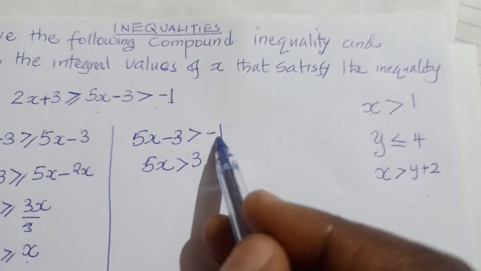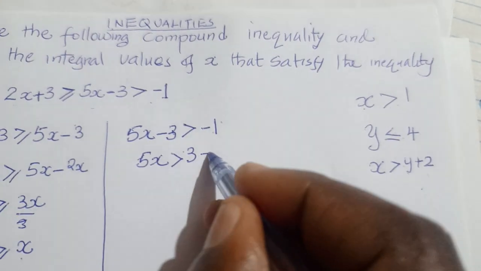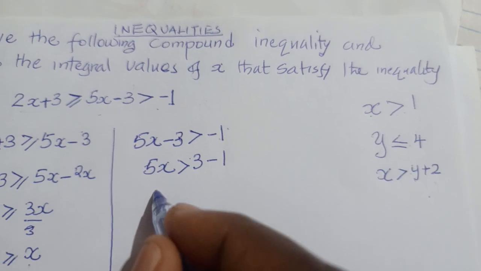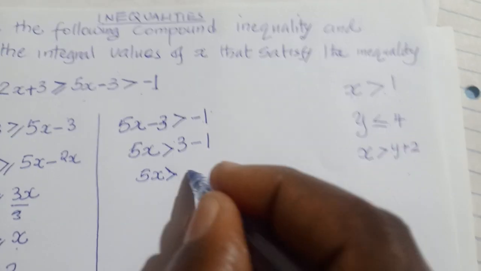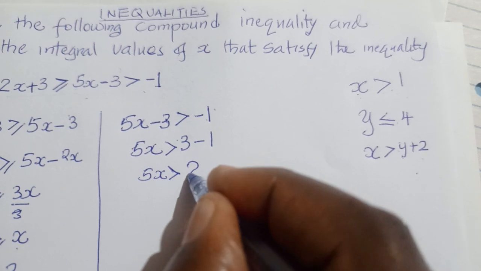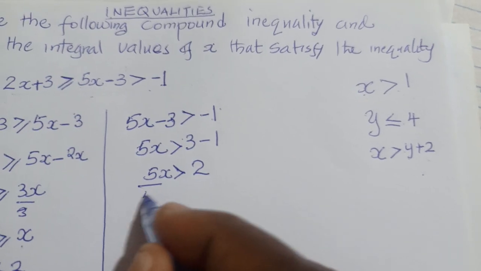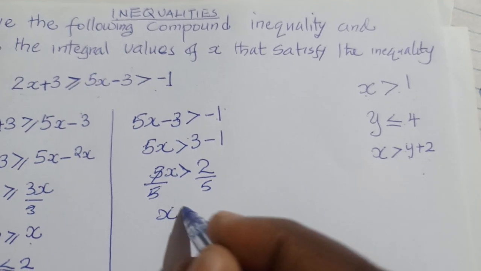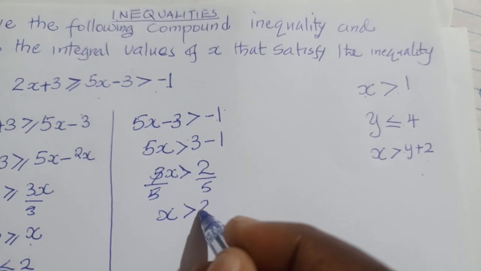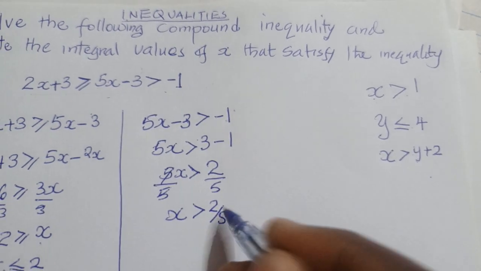It's negative. When it crosses, it becomes positive. So 3 minus 1. So we have 5x is greater than 2. Then we divide both sides by 5 to have x is greater than 2 over 5.